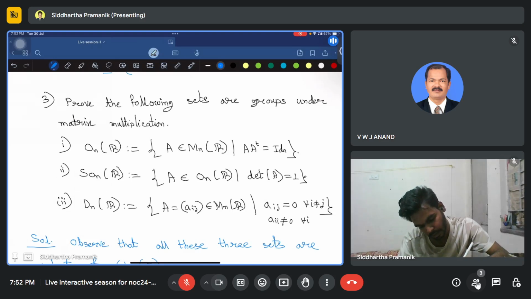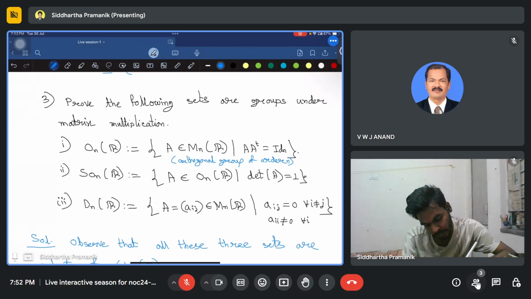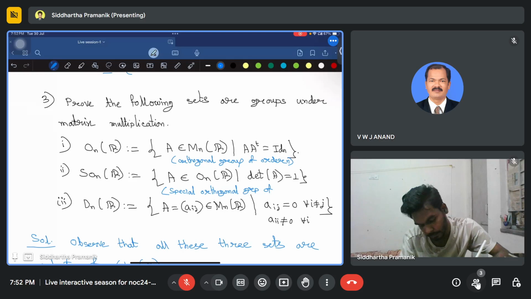I can put it here. Orthogonal group of order n. Okay, and this one is known as the special orthogonal group of order n.